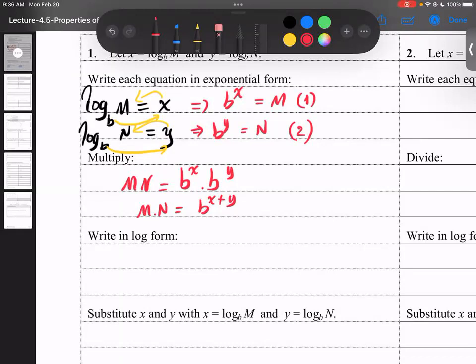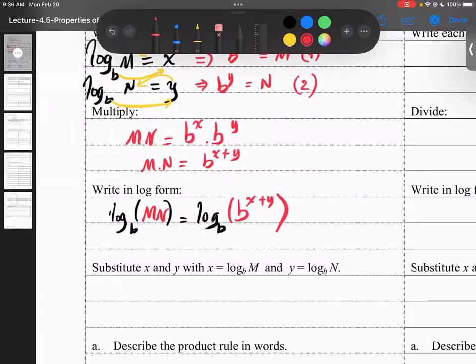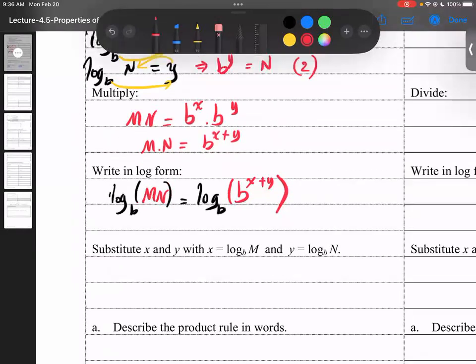And then write log form. That means they want you to take log base b of both sides. I'll tell you why we should take log base b, but not log base a or base c or base d. It has to be log base b. So log base b of the left-hand side, and then log base b of the right-hand side. By the way, you don't have to know how to derive this. It's not going to be on your test. But you should understand this as well.